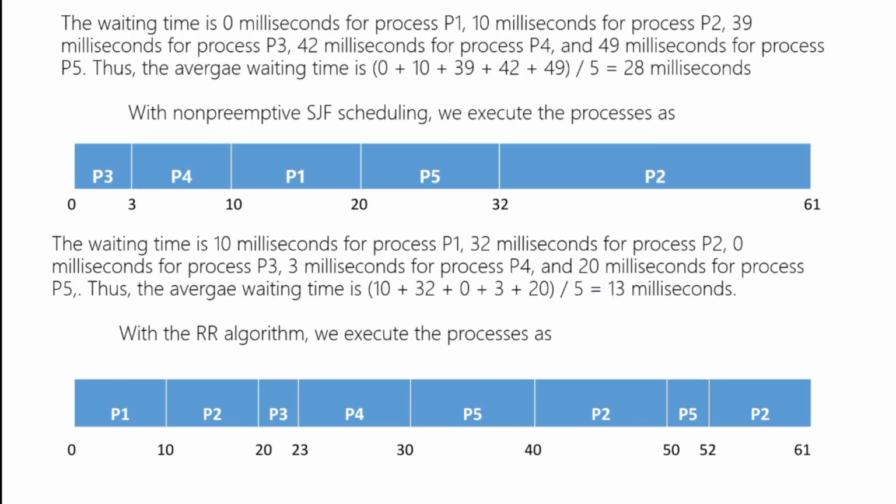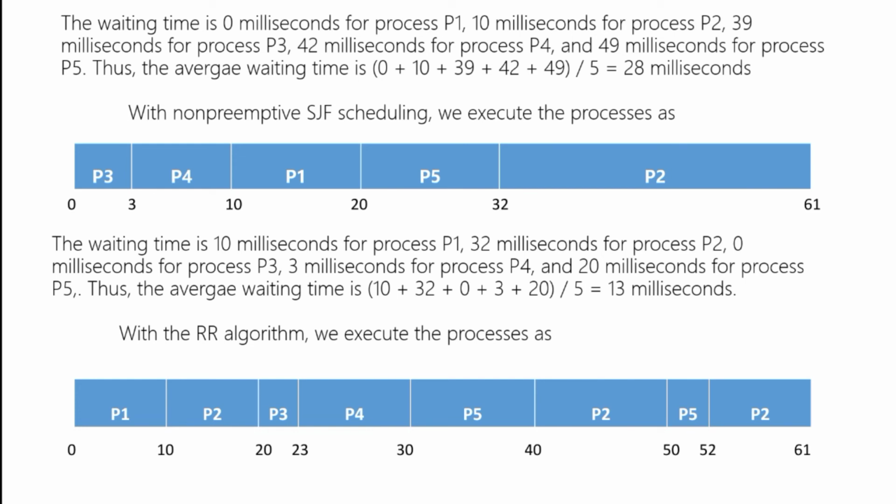So in order to get the average waiting time, we have 0 since P1 is the starting point to be allocated, so there is no time for P1 to wait. So we have 0 plus 10 plus 39 plus 42 plus 49, divided by 5. It takes 28 milliseconds of average waiting time for the FCFS scheduling algorithm.